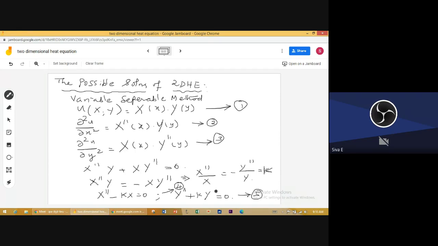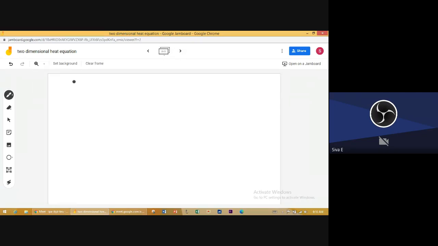Now we start with the k value being positive. Case 1: if k is positive, that means k equal to p square.